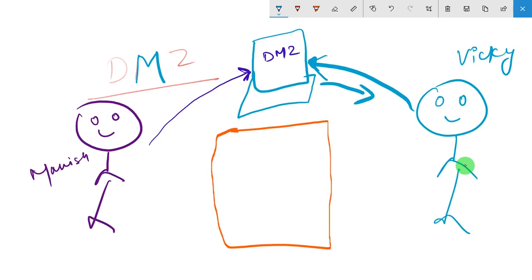So that's the beauty of DMZ. It's like a server outside the network where one can upload his data and another can download it. DMZs are very helpful in transferring files between two networks without exploiting the rules of the firewall.